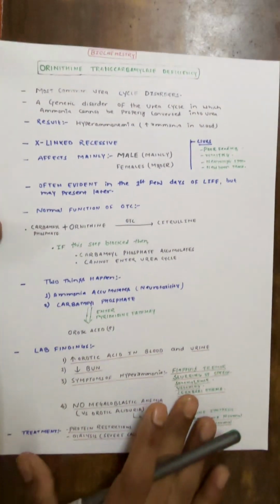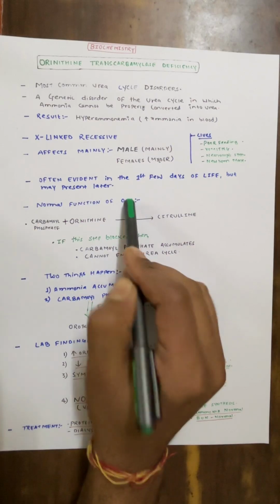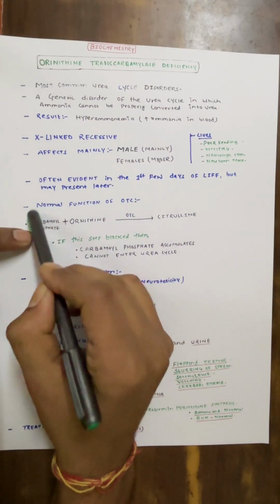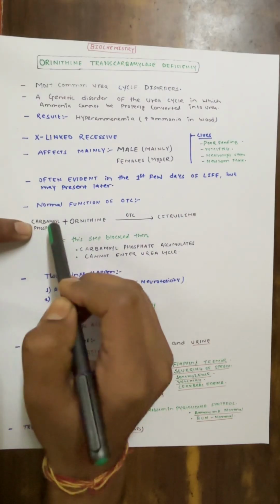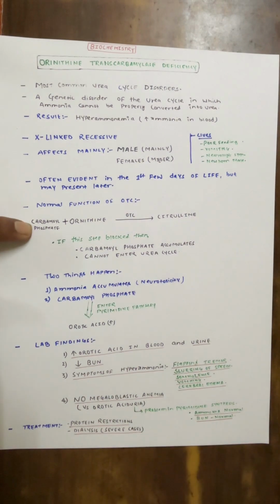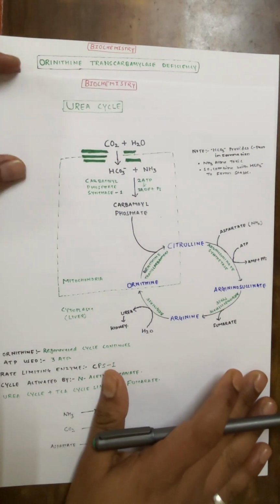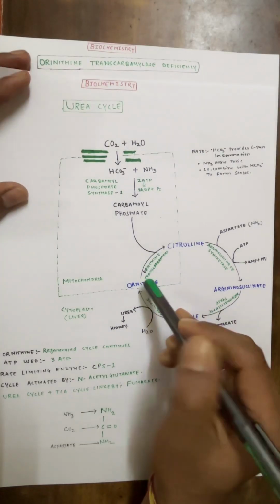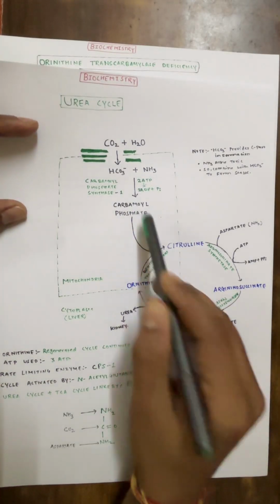Now, what's the normal function of ornithine transcarbamylase? Normally it converts ornithine into citrulline with the help of carbamoyl phosphate. Carbamoyl phosphate and ornithine come together with the enzyme. So when we see this cycle, ornithine transcarbamylase converts ornithine into citrulline with the help of carbamoyl phosphate.